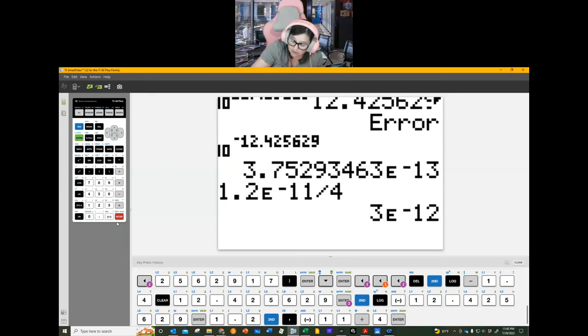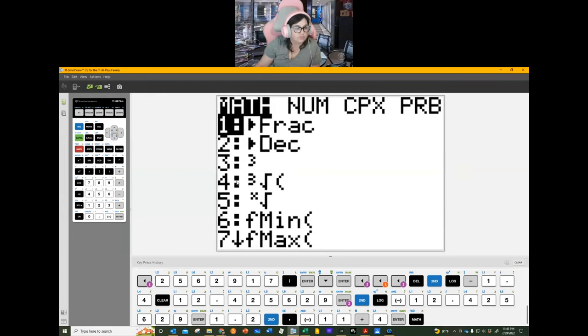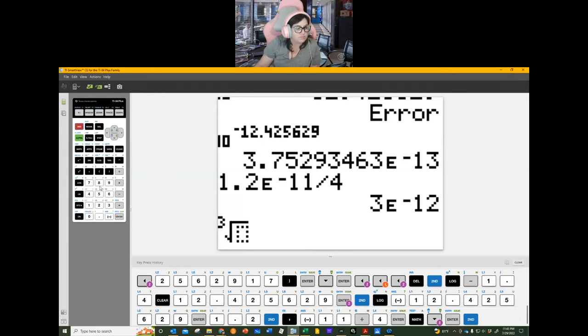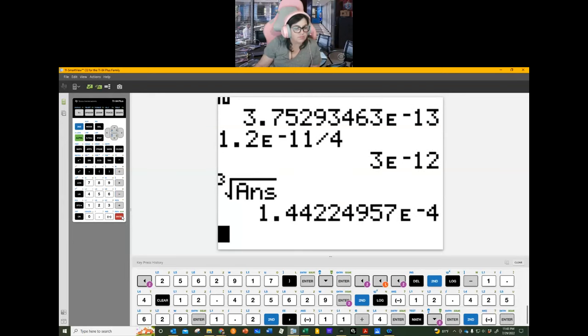I take the cube root of both sides. And that gives me an x value of 1.44 times 10 to the minus 4th, right?